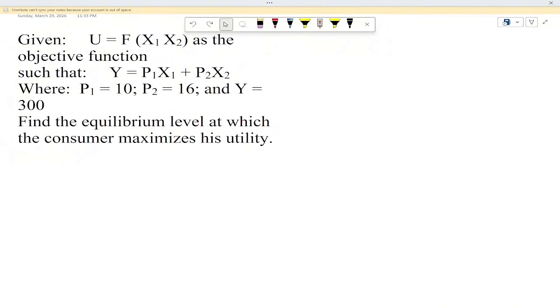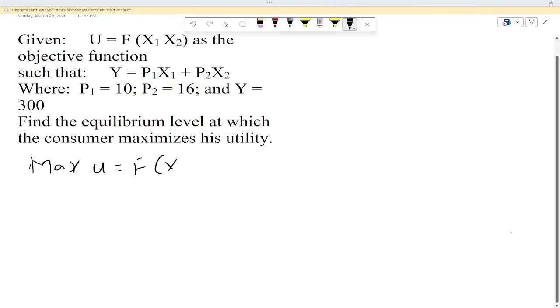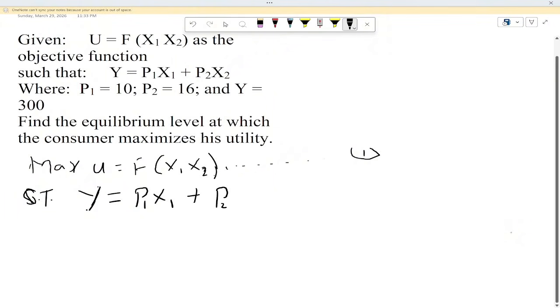We are to maximize the utility, which is the function of x1, x2, that is your equation 1, and this utility is subject to this budget constraint p1 x1 plus p2 x2, which is your equation number 2.